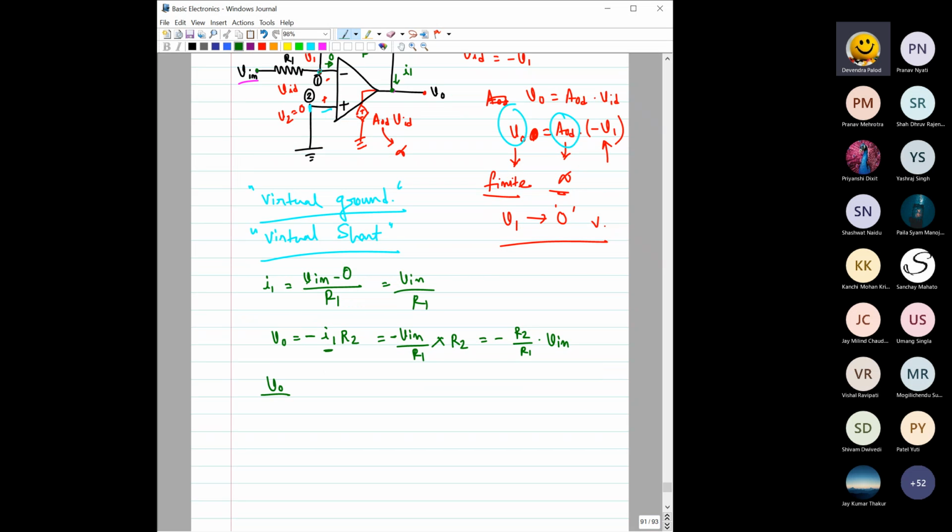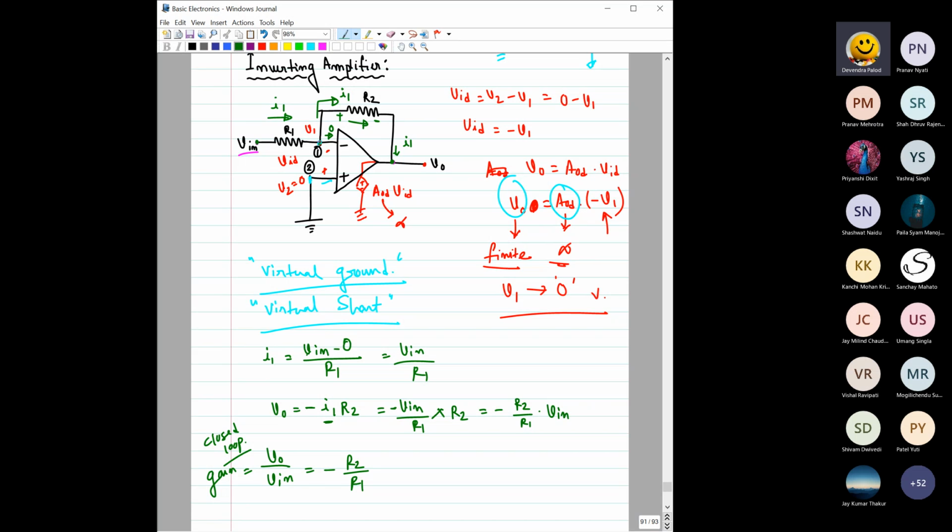So V output by V input, the gain, would be equal to minus R2 by R1. So this is the closed loop gain of this particular inverting amplifier. And in this gain expression, there is no parameter of the op amp. It is completely dependent on the external resistances, right?